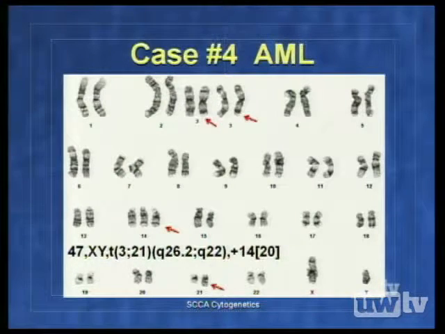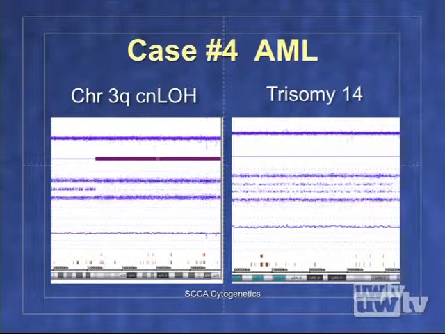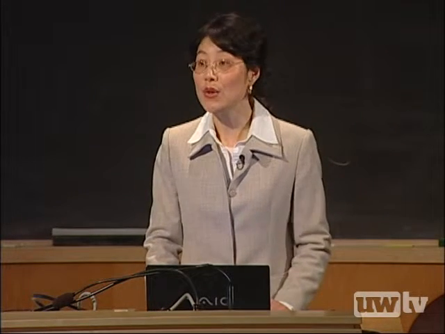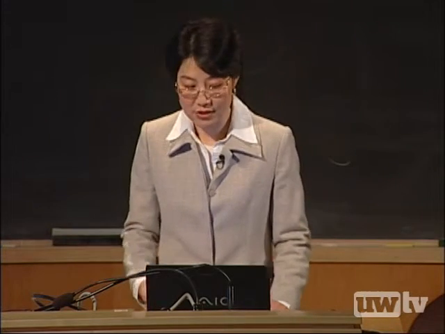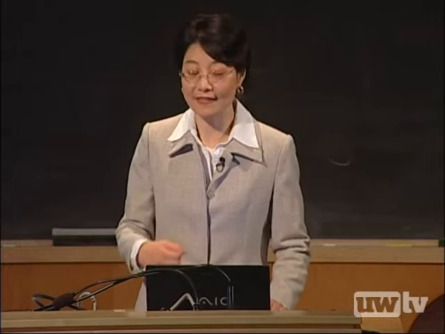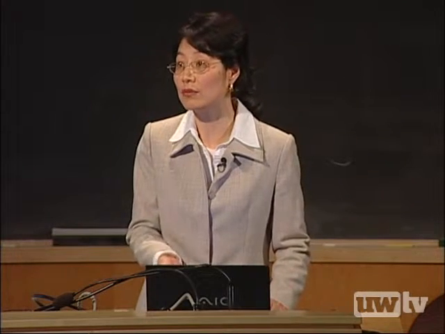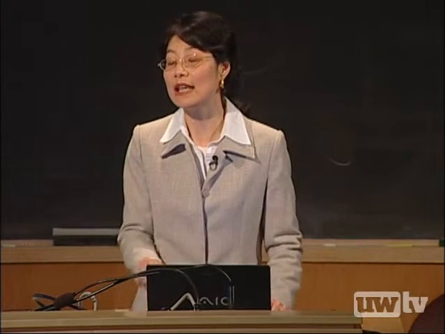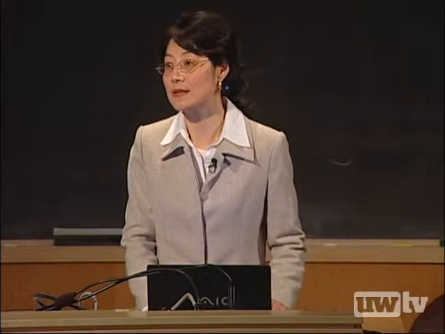And again, when we looked at the array analysis, what did you see? Copy-neutral loss of heterozygosity of the 3q. So not only do you have the translocation of the 3q and the 21 with the EVI rearrangement, but also the copy-neutral loss of heterozygosity of the 3q potentially duplicating that rearranged 3q, rearranged EVI, giving it an even worse prognosis.